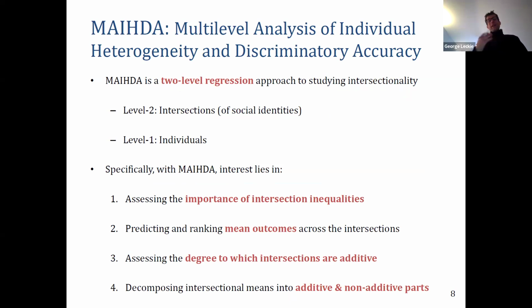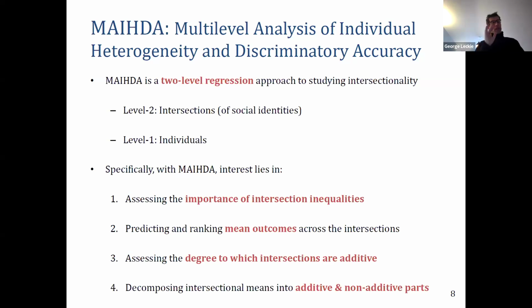The levels in this linear regression are individuals at level 1 nested, not within schools or neighborhoods or other organizations at level 2, but nested within their intersections, where those intersections are defined by the unique combinations of the sociodemographic characteristics of interest, let's say gender, ethnicity, and social class. Interest lies in how the mean outcome varies across those intersections. And we'll talk a lot about how this is different from what we've shown so far.